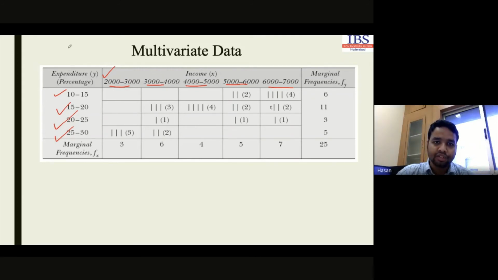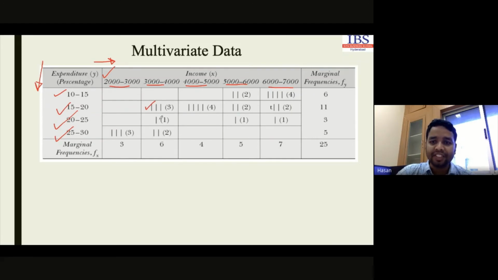Now look here, we have represented the data in tabular form. Horizontally, we have the income category, and vertically, we have the expenditure category. So technically, we are representing two different variables in the same table. This is bivariate data representation, and we use tally marks here.